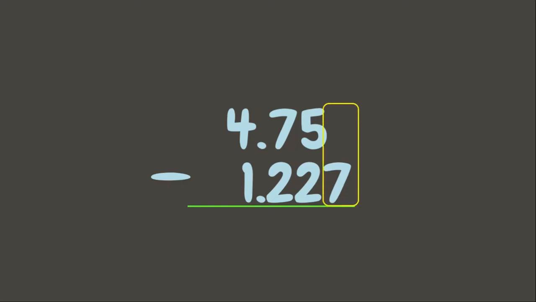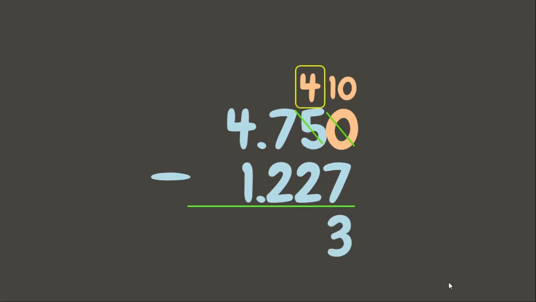Let us put 0 to the empty place value. 0 minus 7 is? Cannot be. Let us borrow 1 from 5. 5 will become 4. And 0 will become 10. 10 minus 7 is 3.